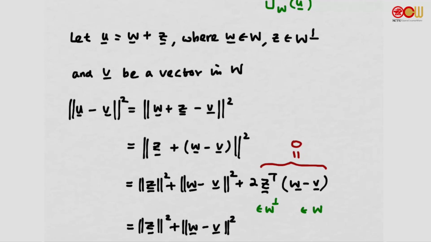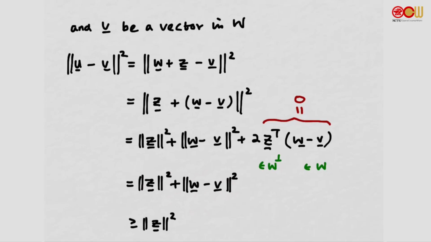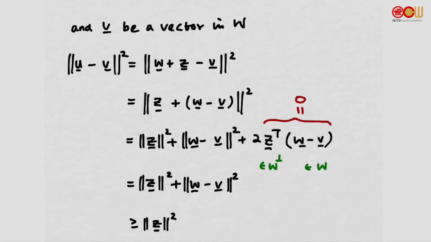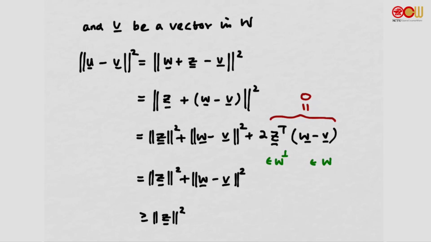Now u is a vector that's given to us. So from u we can compute w and we can compute z. So z is also a vector that is already determined once u is given. Only this v is an arbitrary vector in W. So this norm squared plus this norm squared is larger than or equal to the norm squared of z. And we see that the distance between u and an arbitrary vector in W is at least this much.